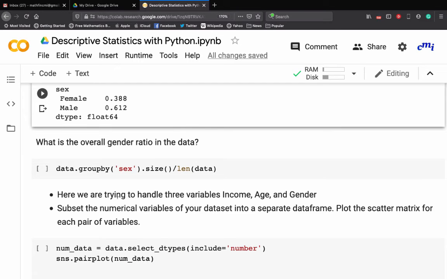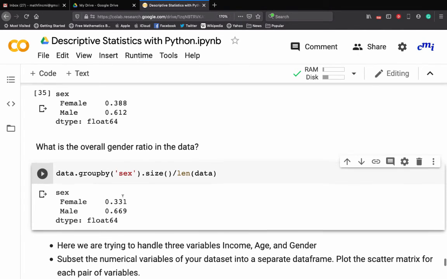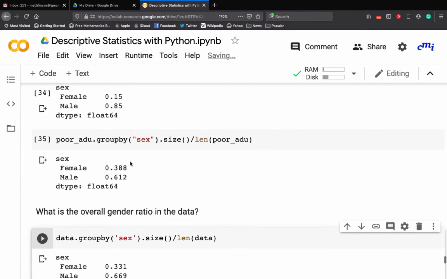What is the overall gender ratio in the data? I looked into the overall gender ratio in the data and I found that about 67% are male and about 33% are female. So one third is female and two thirds is male. So in the poor category, almost that same ratio is preserved.